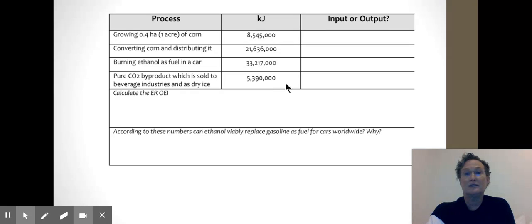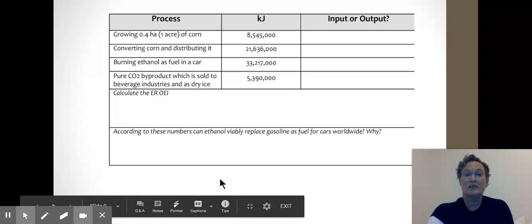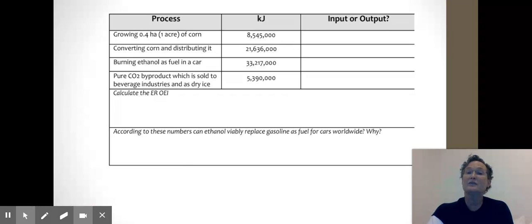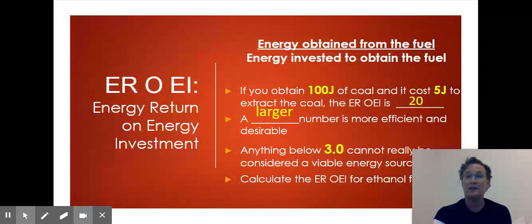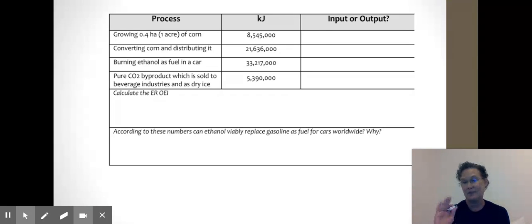All right, so you have to do a little bit of math to figure this out. And then you're going to answer this question. According to these numbers, can ethanol viably replace gasoline as a fuel for cars worldwide based on that number that you just learned about there? So anything below 3.0 is not a viable energy source. Pause the video, give this a try. And I'll show you the answer.